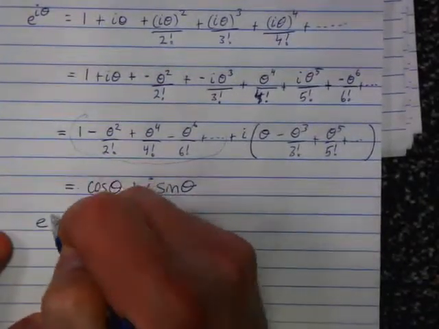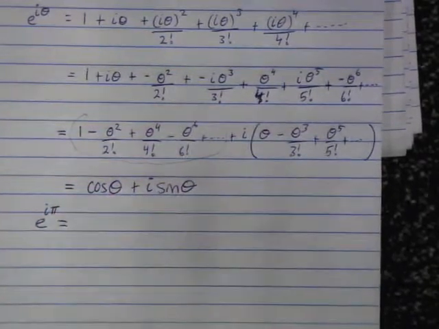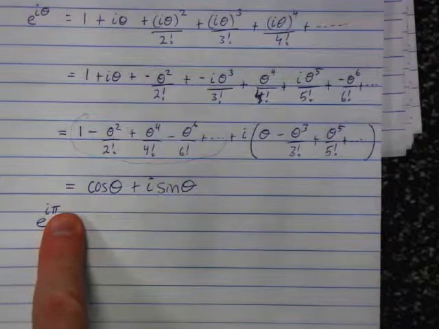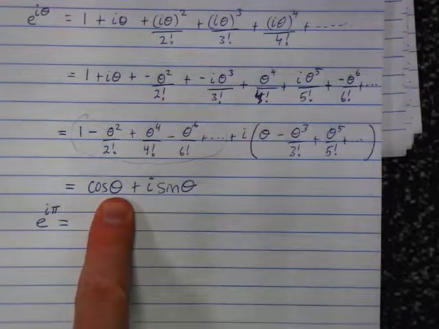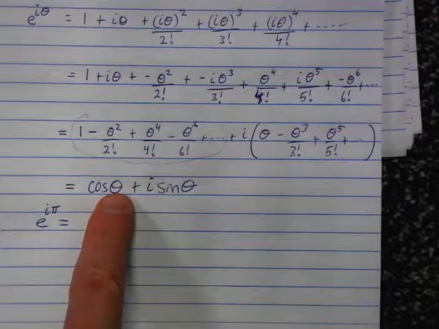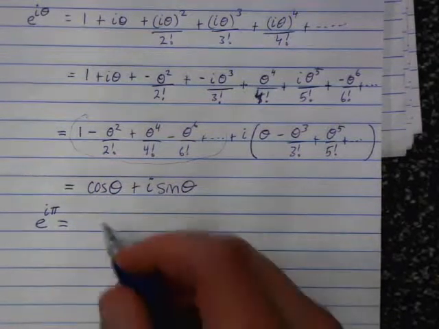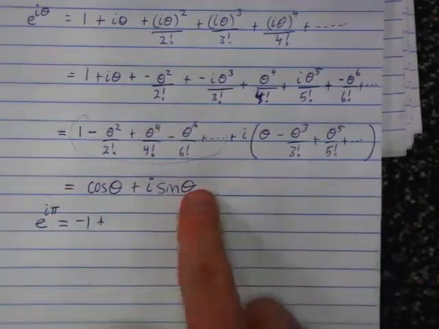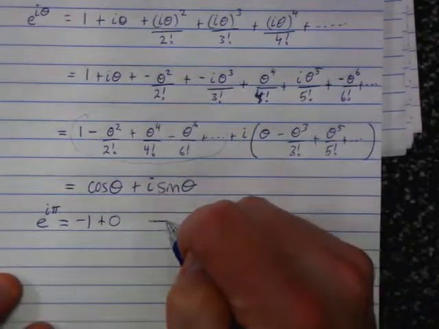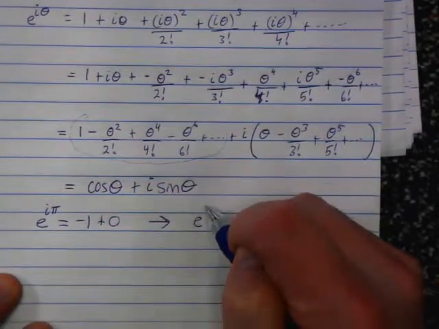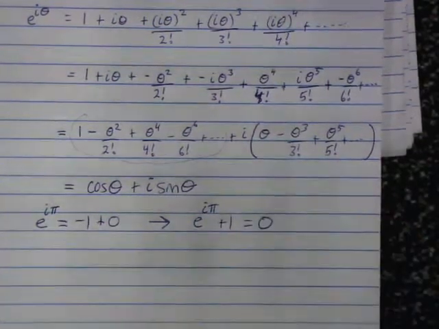Here's Euler's most famous equation. What happens if I use theta to be pi? Cosine of pi is negative 1. Sine of pi is 0. So this formula is usually written in the form e to the i pi plus 1 equals 0.